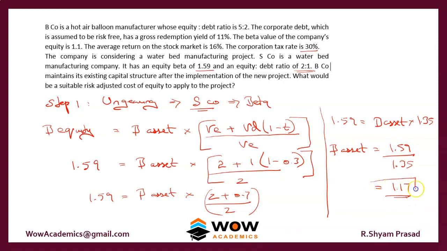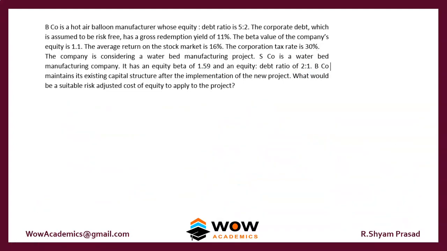That is, this number refers to the water bed project beta, but still this does not include the financial risk of BCO. So that we have to do again. So we'll go to the next step. Step 2 is called regearing.